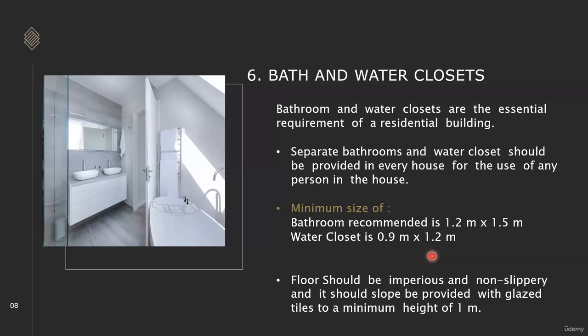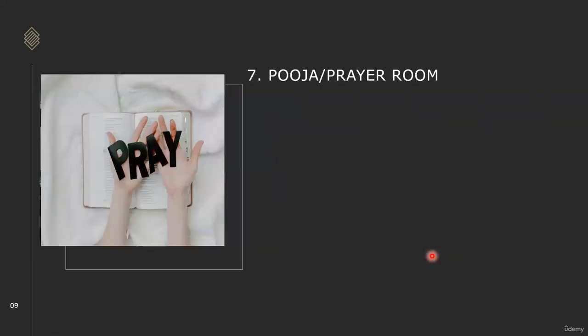If you change the plan after the working plans or after the start of construction, the cost goes high. There will be wastage of materials, time, money and labor cost, everything. So just keep in mind all these things.